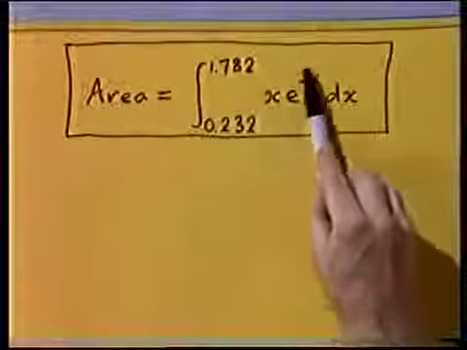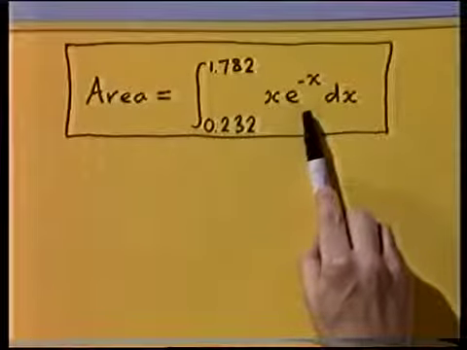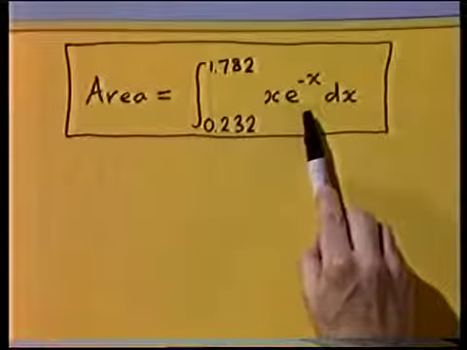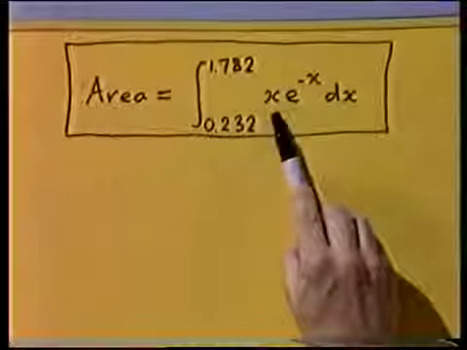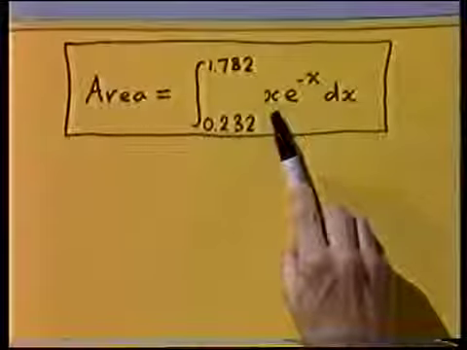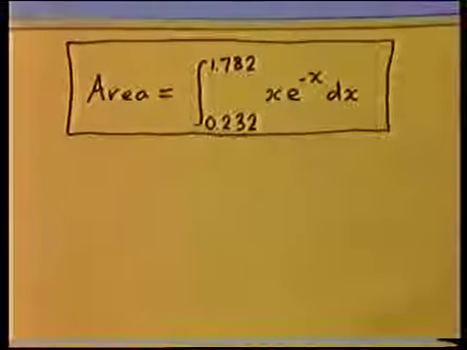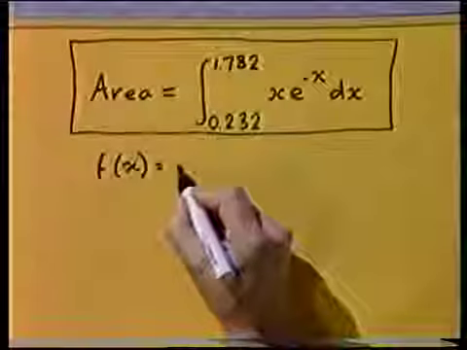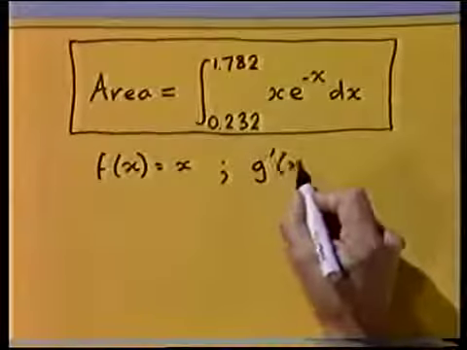E to the minus x is a function which can be integrated or differentiated, but it doesn't get any easier. It's always something involving e to the minus x still. What about x? Well, differentiating it gives 1, a constant, and that's easier. So it looks as if x is the best choice for f here. And then g prime of x will be e to the minus x.